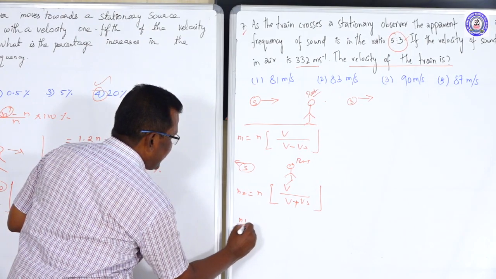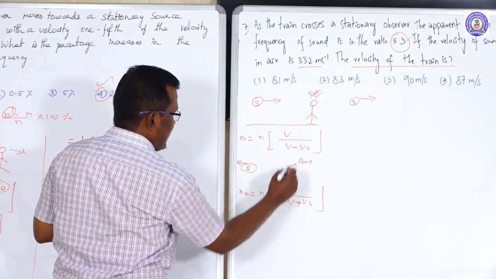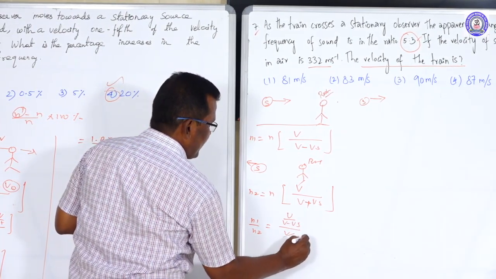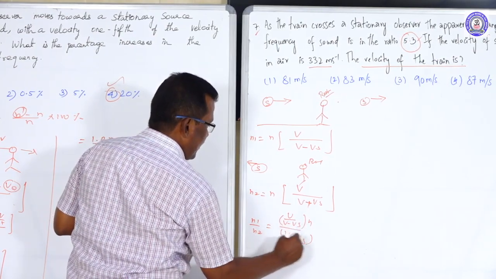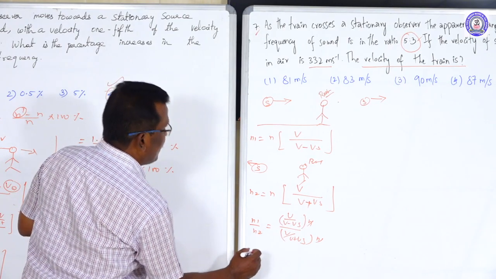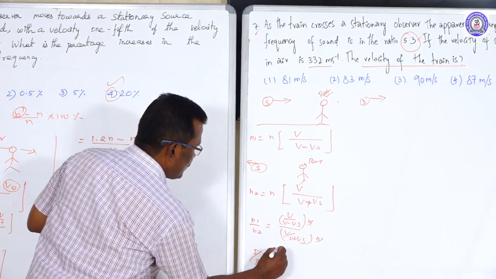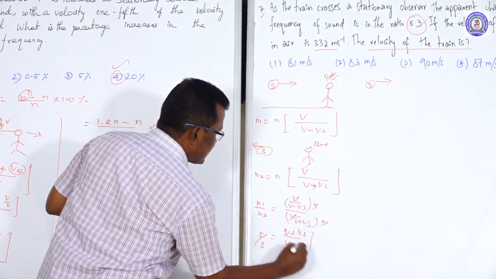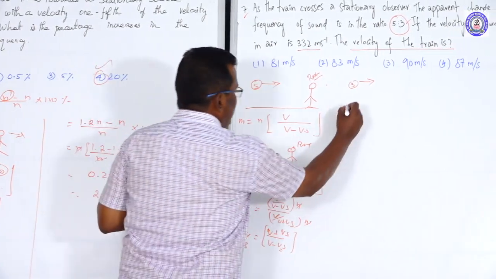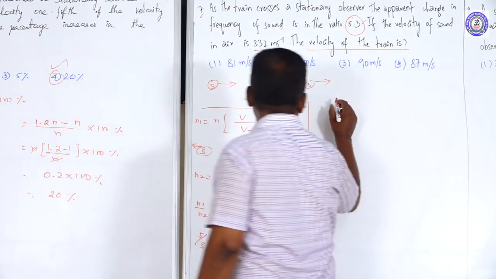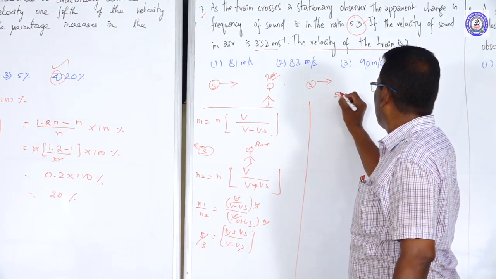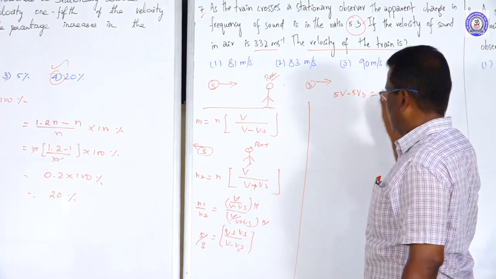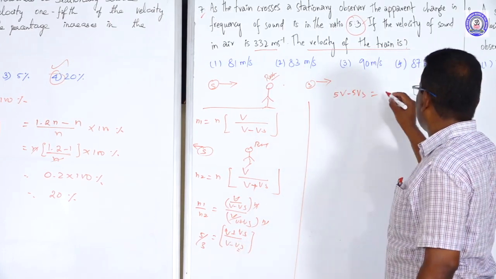n1 by n2 is equal to v divided by v minus vs, divided by v divided by v plus vs. n cancels, and v cancels. So 5 by 3 is equal to v plus vs divided by v minus vs. Again we have to calculate vs. Cross multiply: 5v minus 5vs is equal to 3v plus 3vs.